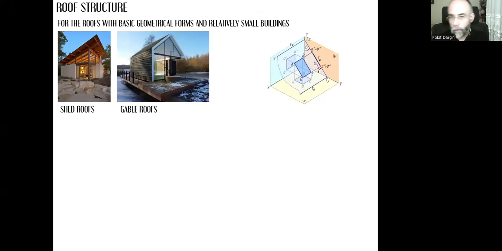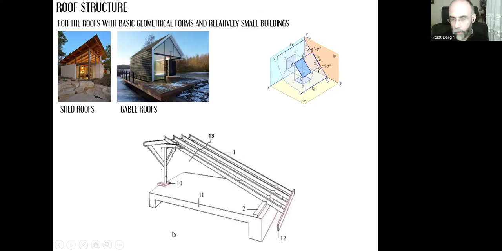For the roofs with basic geometrical forms and relatively small buildings like shed roofs, gable roofs, all our aim of creating these series of rafters and purlins is to create this inclined surface.